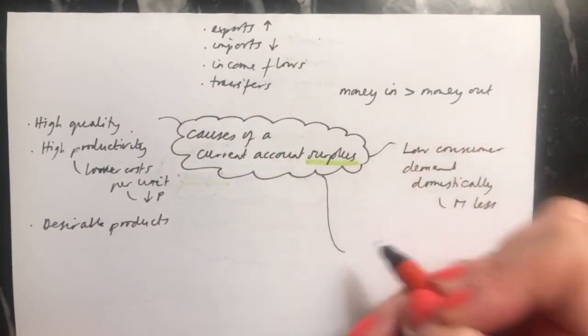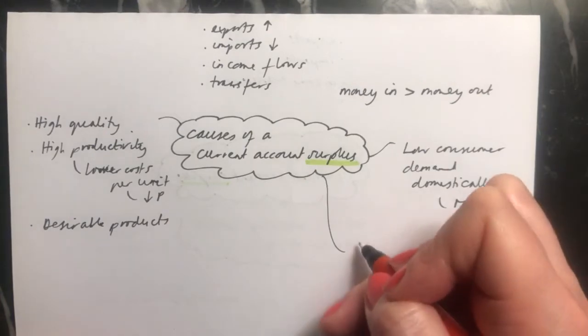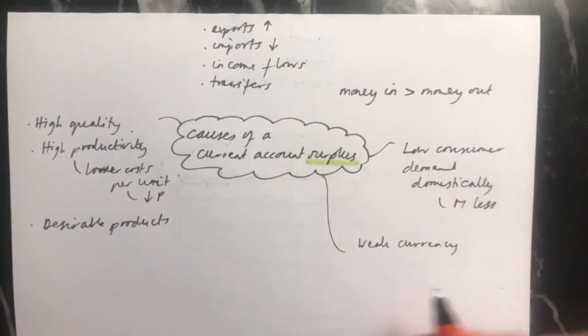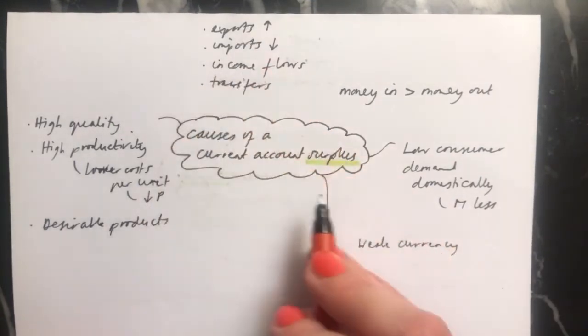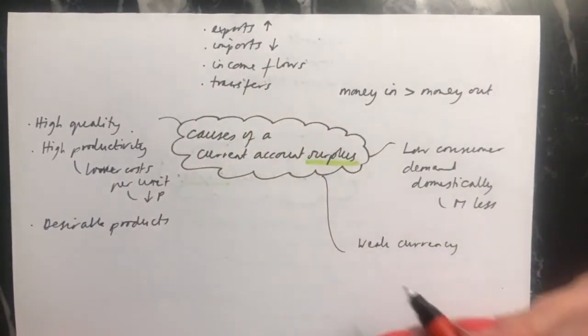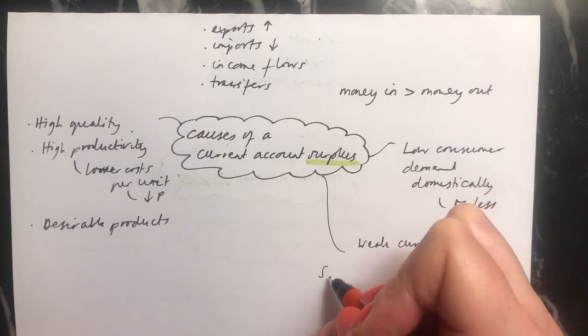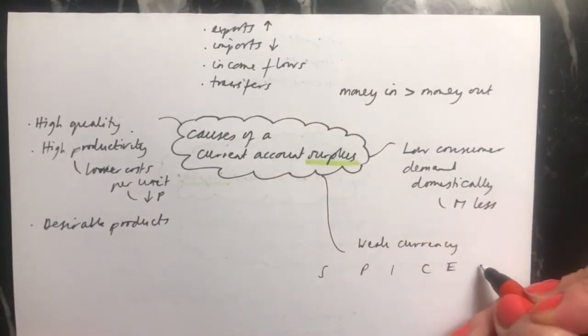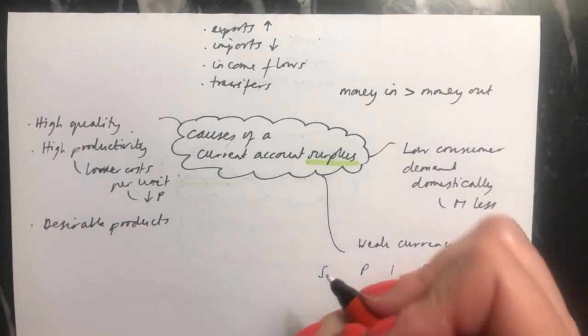The next area we're going to look at is that your currency may be weak. And this would cause you to export more and have a current account surplus. Here we need to remember SPICED to help you remember how currencies work.